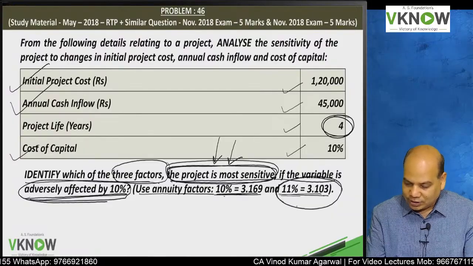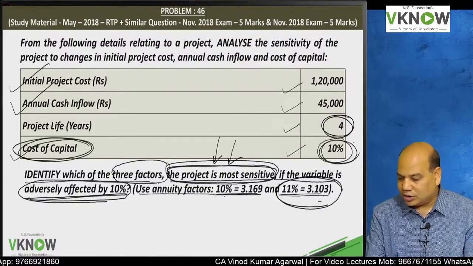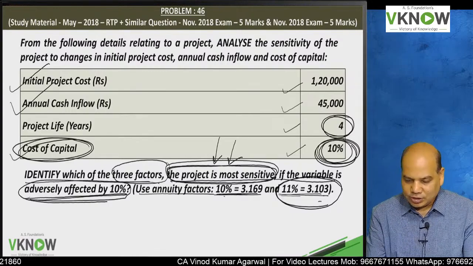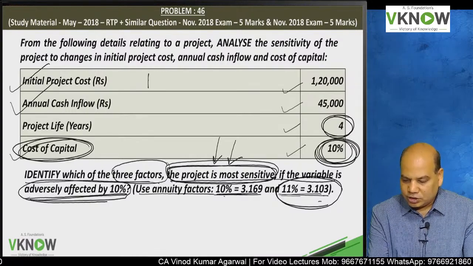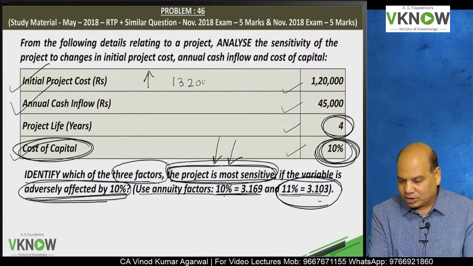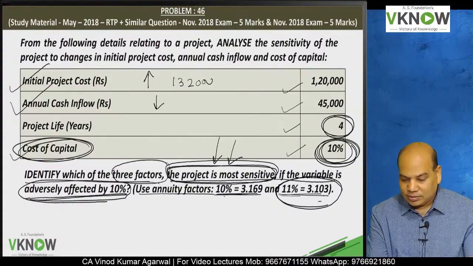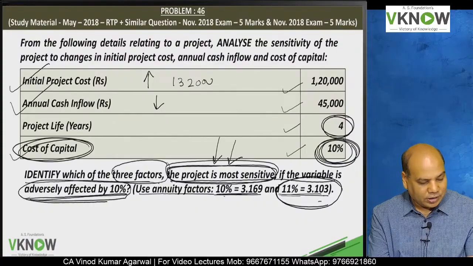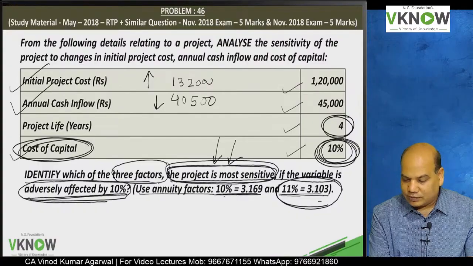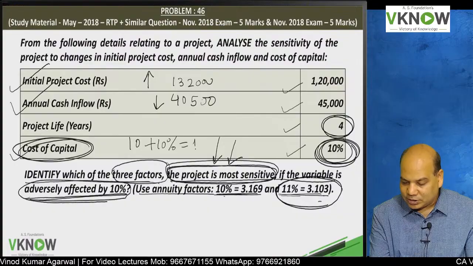The annuity factor at 11% will be required if you want to increase the cost of capital by 10%. So initial project cost can go up by 10%. It will become 1,32,000. Annual cash flow can reduce by 10%, so it will become 40,500.